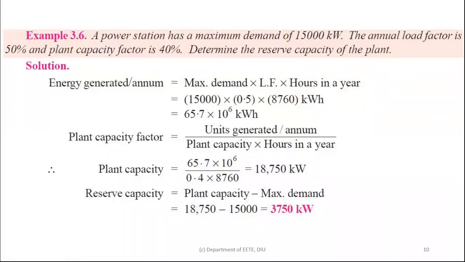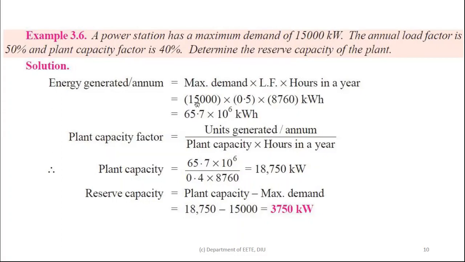Okay, so basically the equation is not changing at all, because if you divide the units generated per annum by the hours in a year, you will get the average demand. Hours in a year we all know, and units generated per year we find from the equation: maximum demand into load factor into the hours in a year.